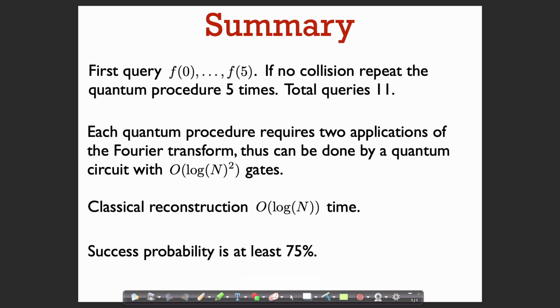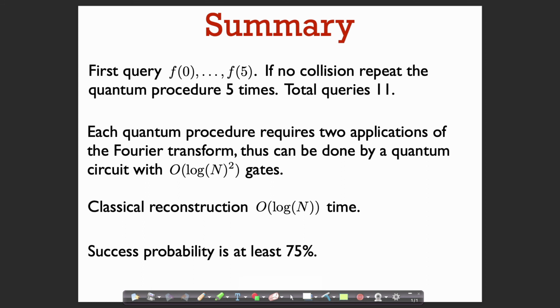Okay, so the total number of queries we make is 11. And now each quantum procedure requires 2 applications of the Fourier transform. So we can do that with order log n squared many gates. In the classical reconstruction, we just have to compute a greatest common divisor. So we can do that in time order log n. And our success probability is at least 75%.